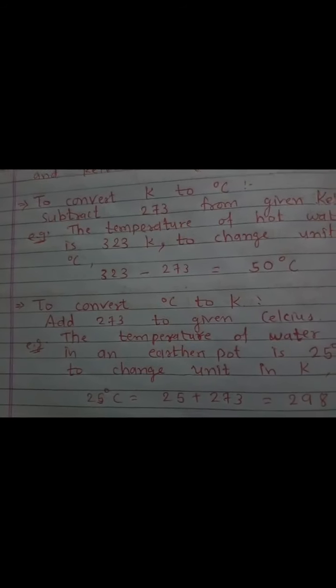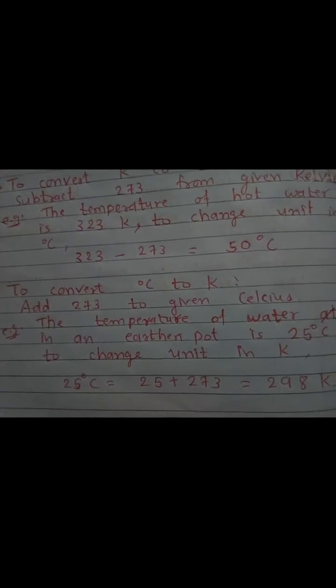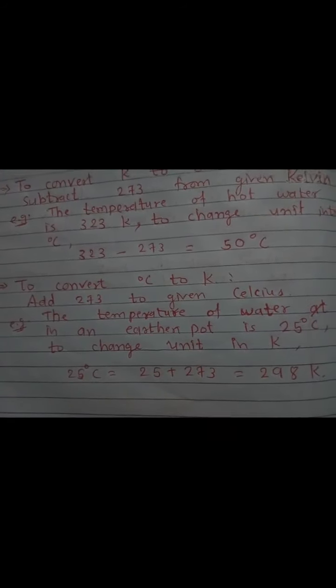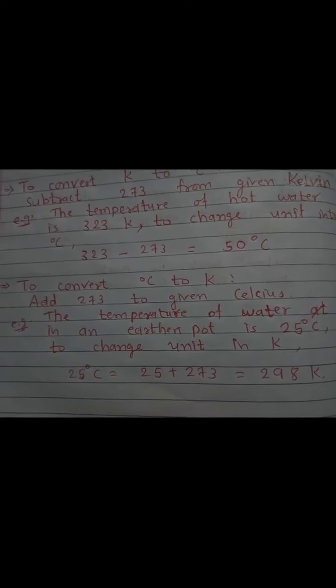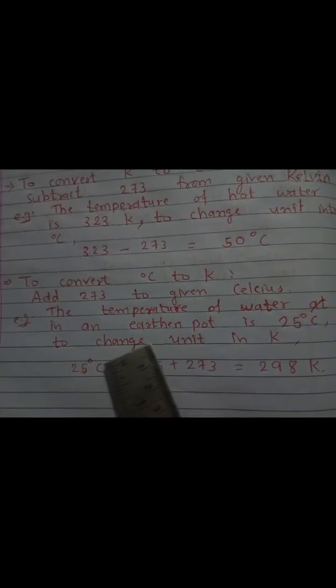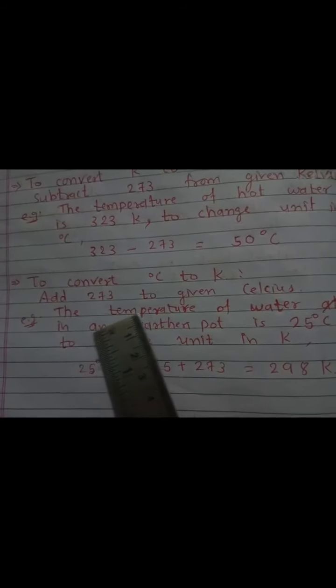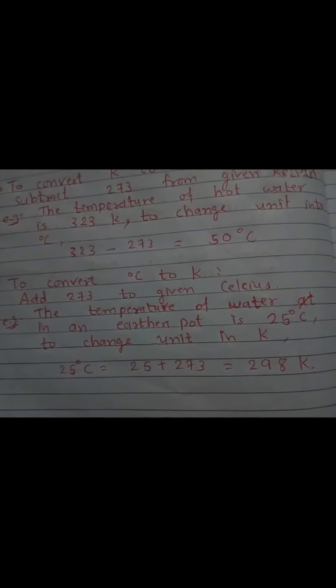Now, to convert degree Celsius to Kelvin, we have to do the reverse process, that is, we should add 273 to the given Celsius. One more example for the same is explained here. The temperature of water in an earthen pot is 25 degrees Celsius.